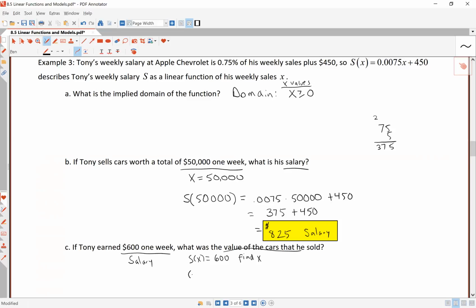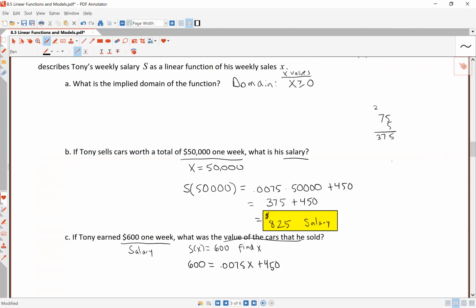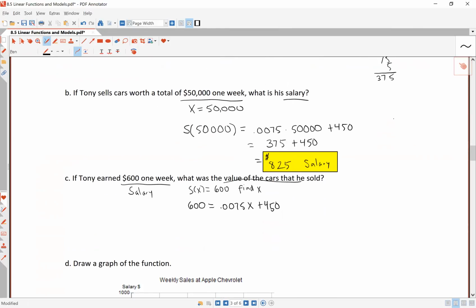So we have 600 equals 0.0075x plus 450. We take that 450 away from the 600, and we see that he made $150 that week in commission.